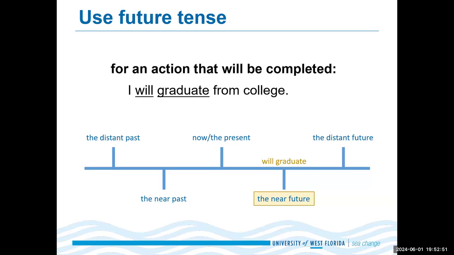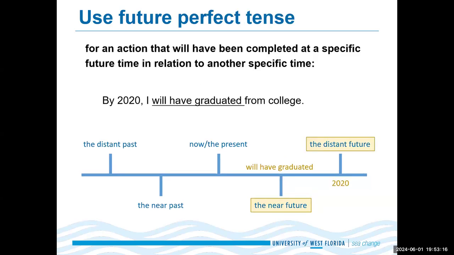Okay, I will graduate from college. Still, that is the near future. Wala pa tayo dun sa future perfect tense. Okay, still the future tense is I will graduate from college. So, basically, nang sinasabi niya ito, hindi pa siya nakaka-graduate from college. All right. So still, that's in the near future.